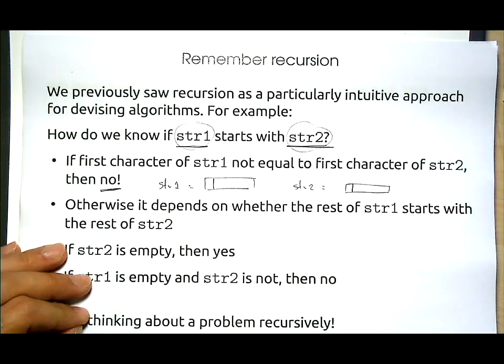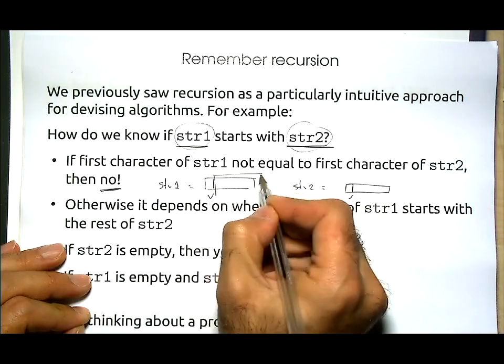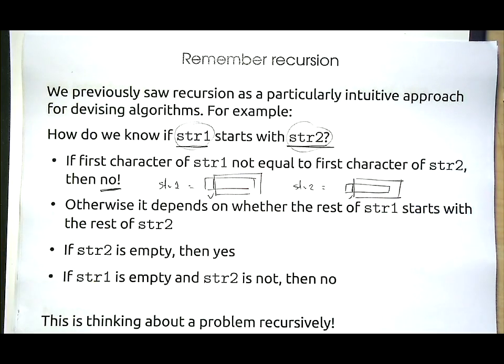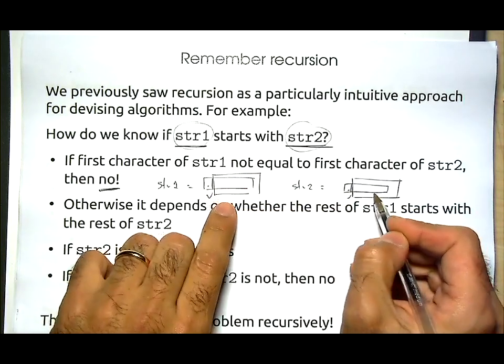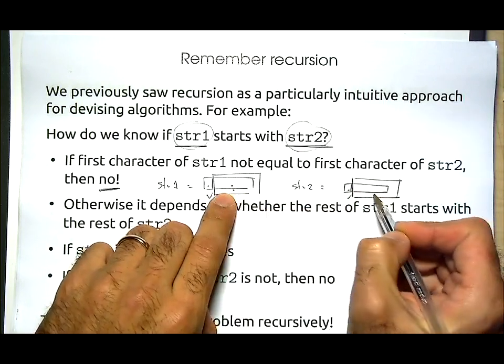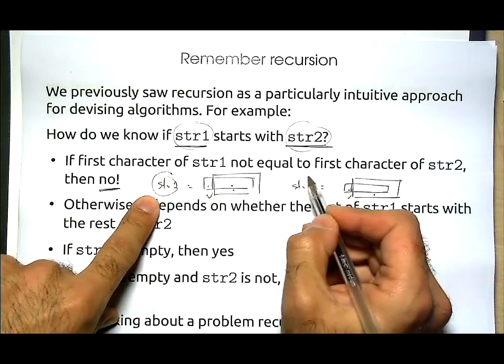This is the first character, so this is checked, that it is the same. So basically, what I need to check is then that these smaller strings are one the beginning of the other. So if these two characters are the same, and this string here starts with this string, then the whole string I have here starts with the whole string here.